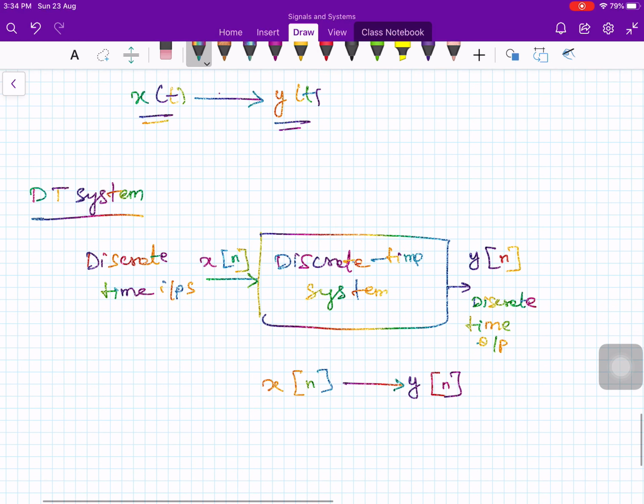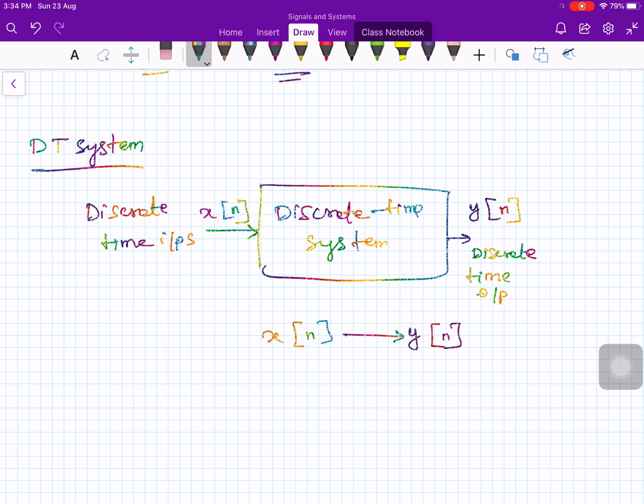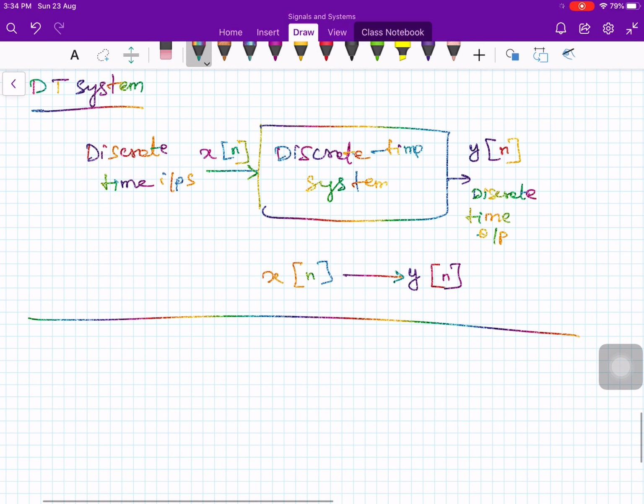Let me consider a simple example, the same one which I already gave in the beginning of the lecture. You take a source Vs and this source drives a resistor in series with a capacitor.